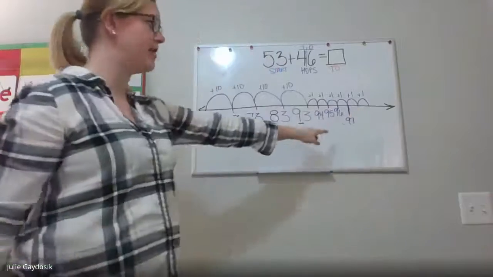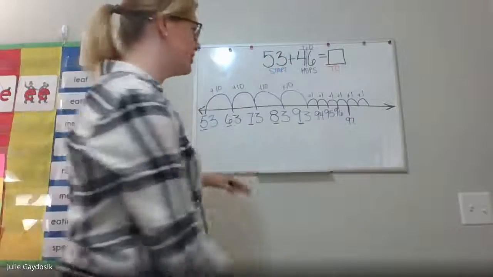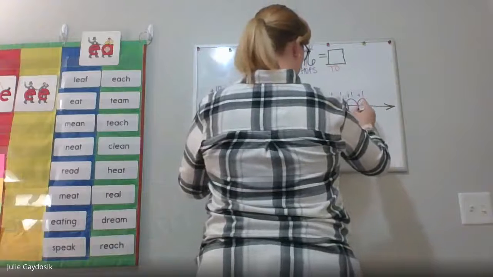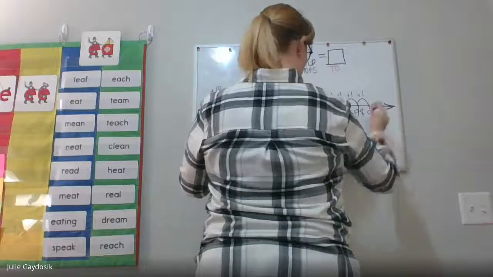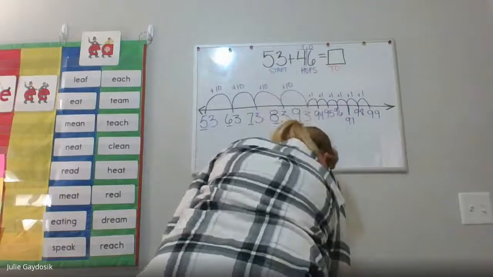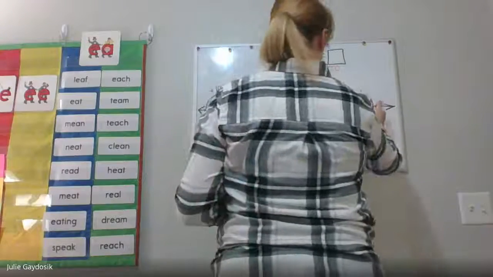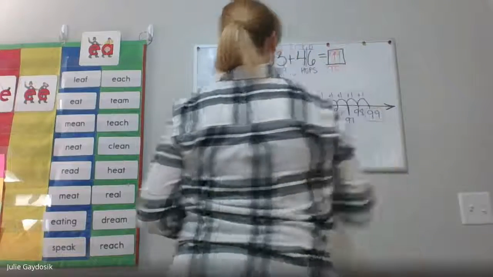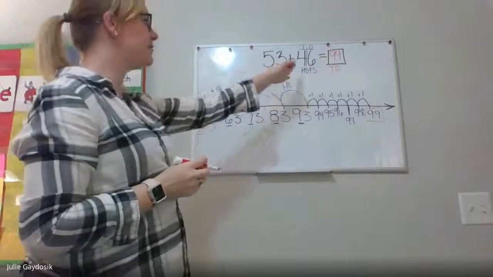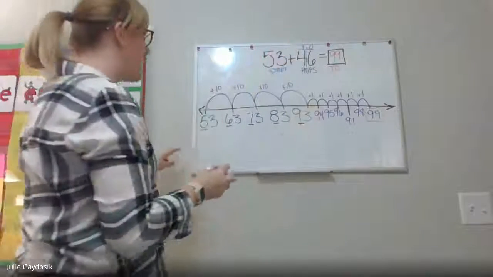Mine didn't fit, so I had to make it go down, and I made sure I pointed to it. 98. Whoa, 99. So what I hopped to was the number 99. Okay? 53 plus 46 equals 99.